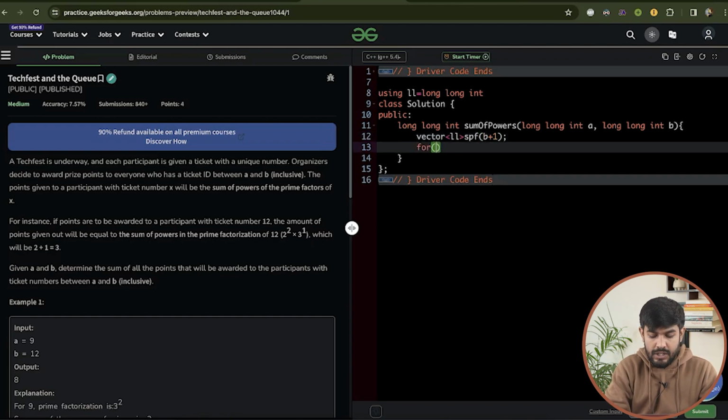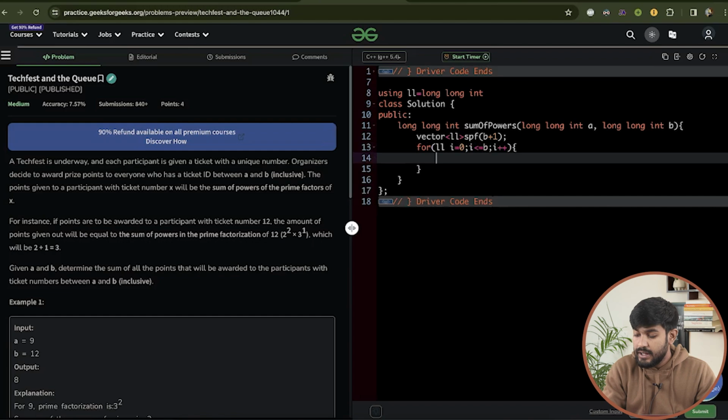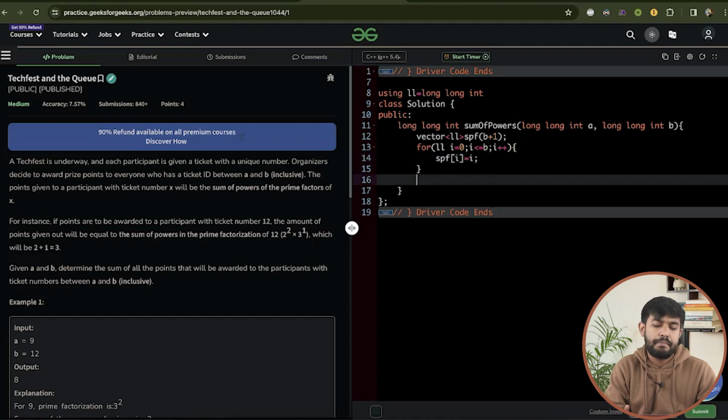Then we would use for ll i = 0, i <= b, i++, and at each index we would fill the value. So SPF of i = i. Initially everyone is a prime number. Next we start with 2, because we handle 1 explicitly, just like we do in the prime sieve.